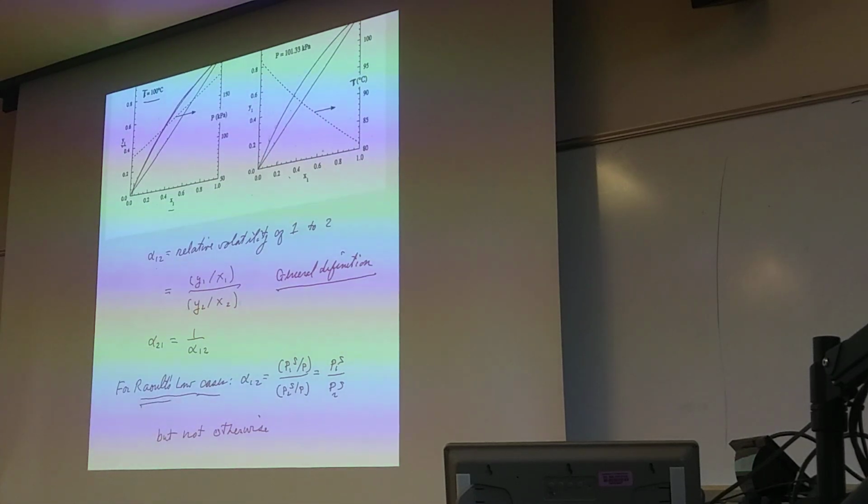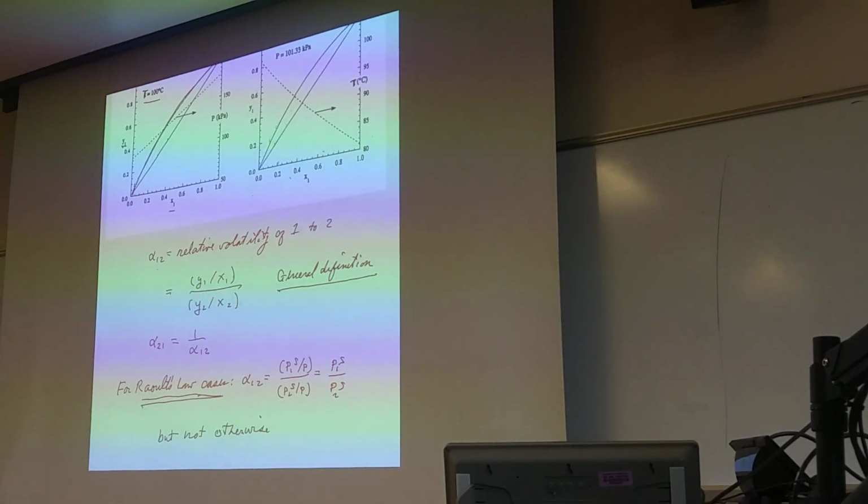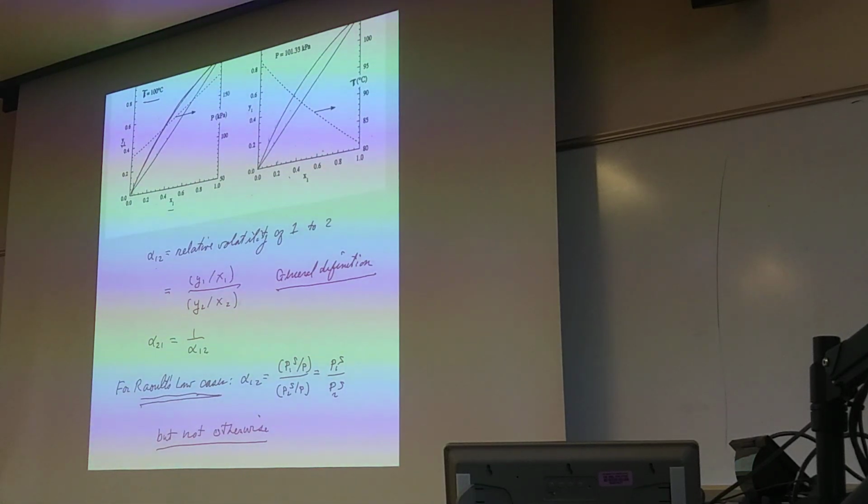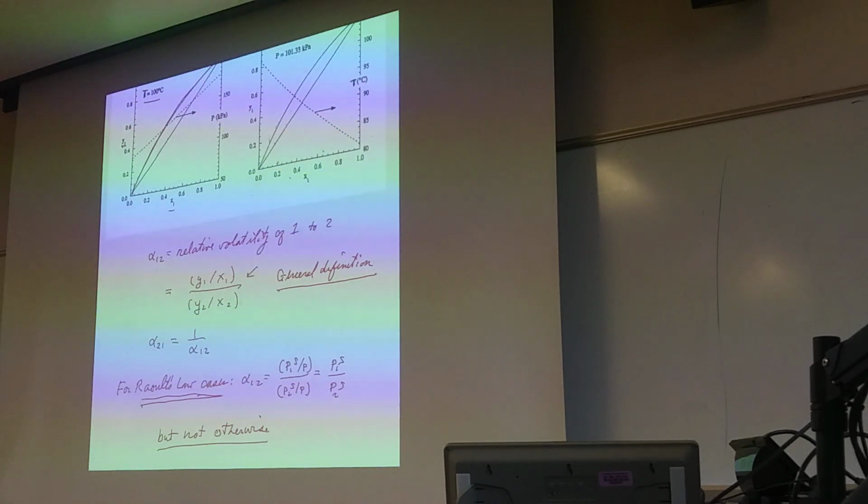Now for the Raoult's law case, alpha 1,2 is just P1S over P divided by P2S over P, the P's cancel out, and I get the ratio of vapor pressures as you would expect, but not otherwise, as we'll see. That's what you get for Raoult's law. The general definition that is always true is this one.